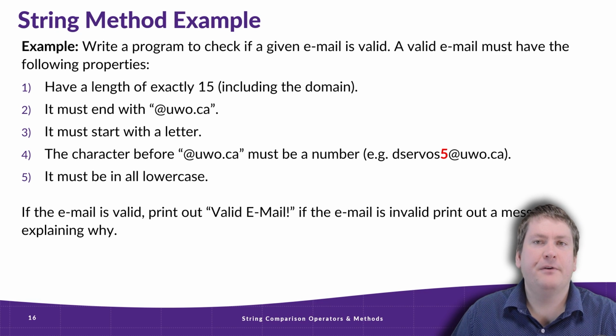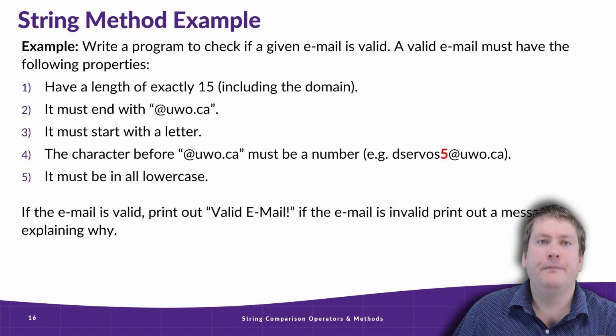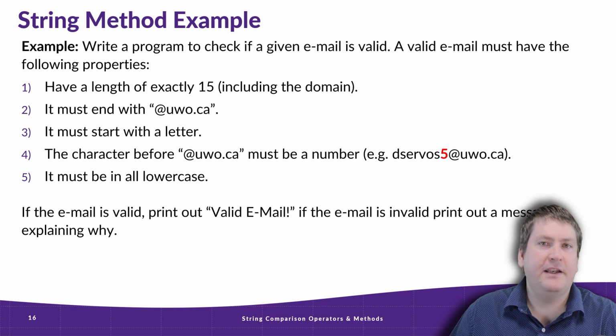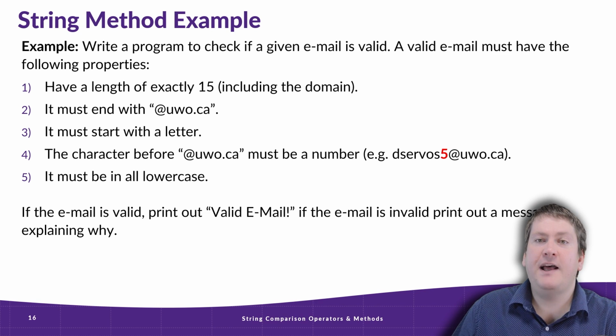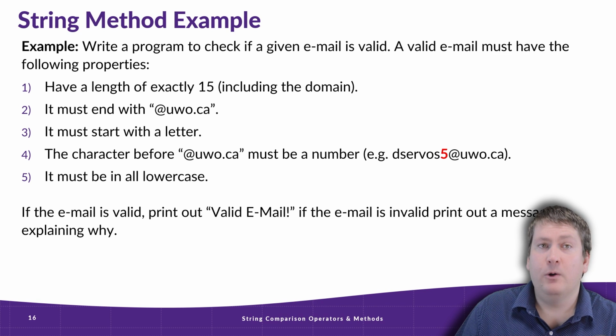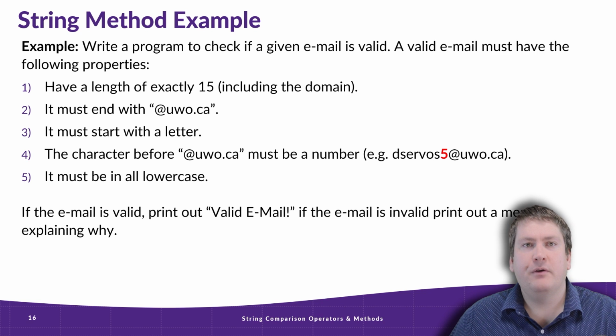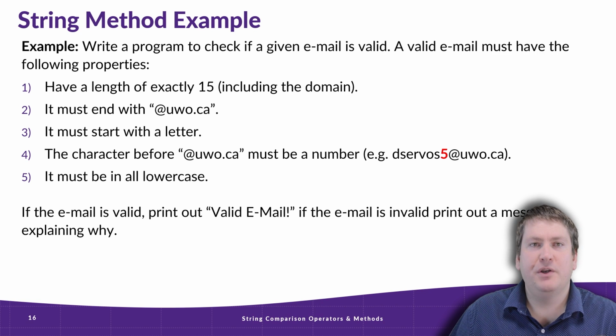For example, in servos5@uwo.ca, the character that comes right before the @uwo.ca is a number. So it has to be a number. If it's anything else, it's not valid. And 5, it must be in all lowercase. If the email is valid, print out valid email. If the email is invalid, we want to print out a message explaining why it's invalid. So these aren't real email rules for Western or anywhere else, but they are some interesting rules that we can apply some of these methods we just saw to.